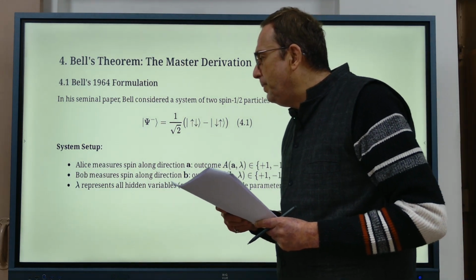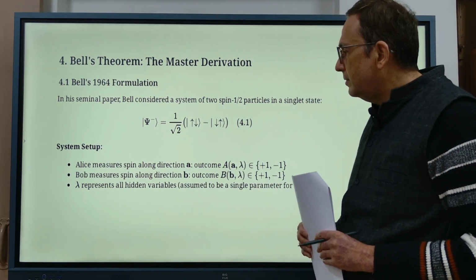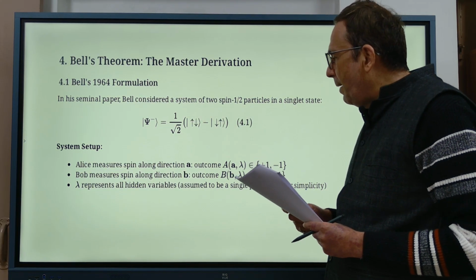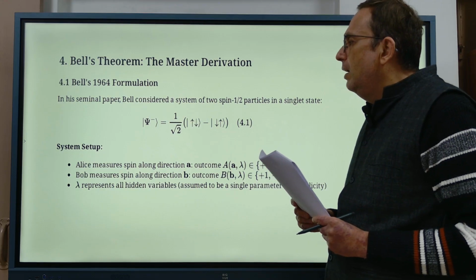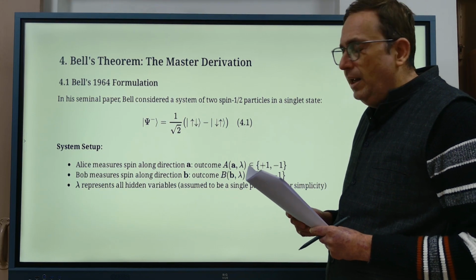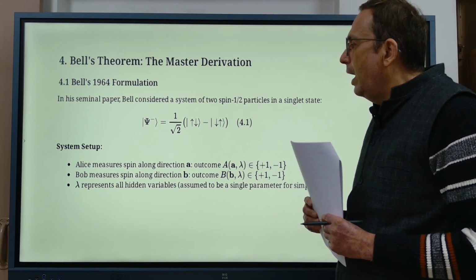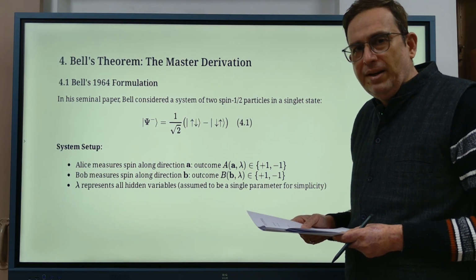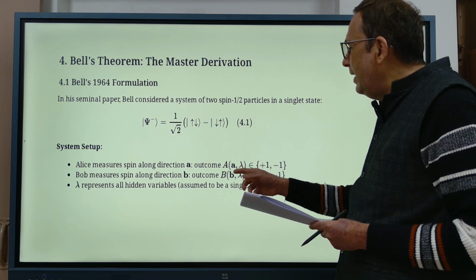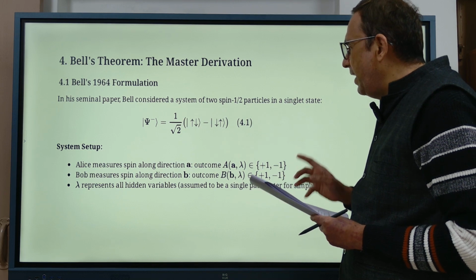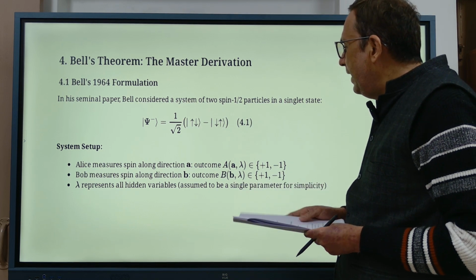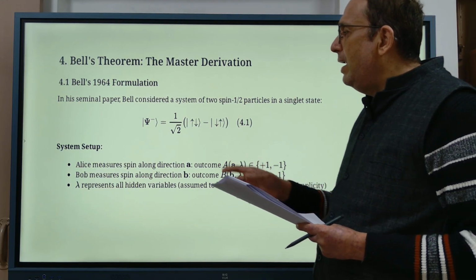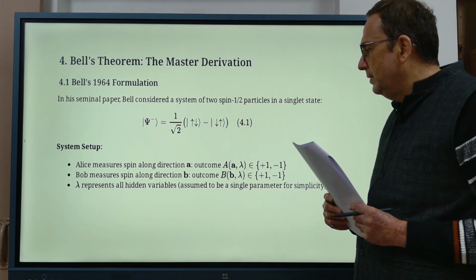Bob measures the spin along the direction b, and the outcome of Bob is written as capital B, which is a function of the direction b and lambda. And of course, these spins can only have value plus or minus 1. So capital A can take value plus 1 or minus 1, and capital B can take value plus 1 or minus 1. And lambda represents all hidden variables.